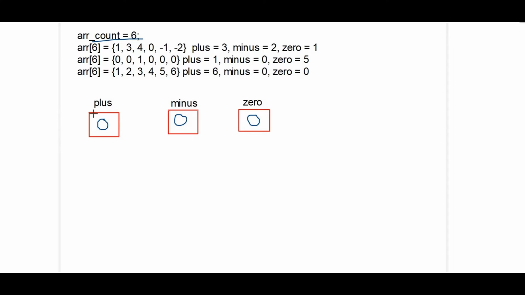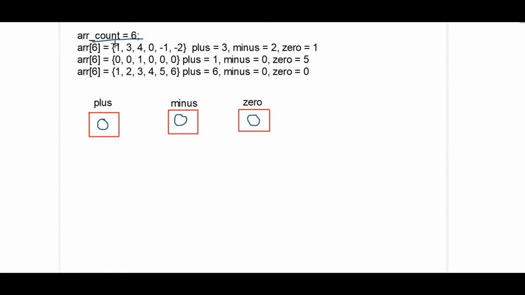First we declare plus, minus and zero. We will take three variables and initialize each with 0. After that we iterate over the array. Let's consider this array.